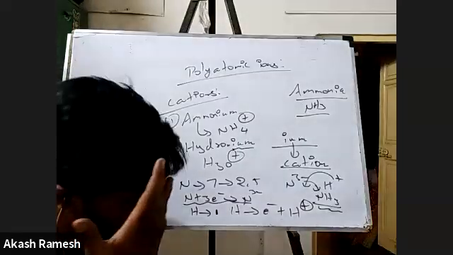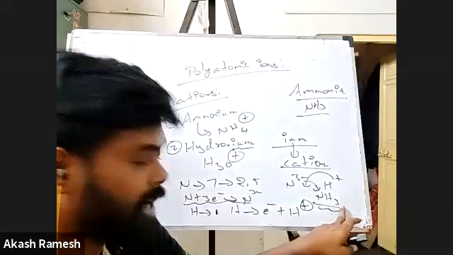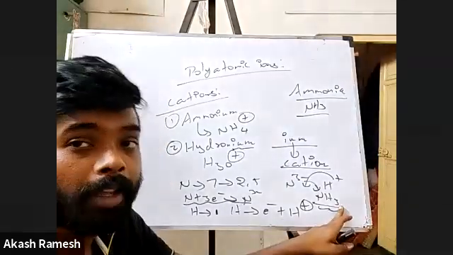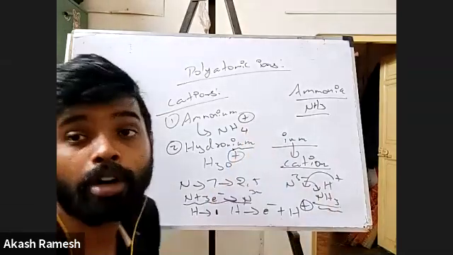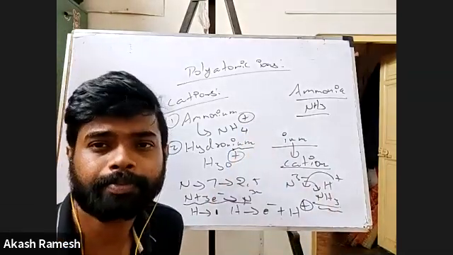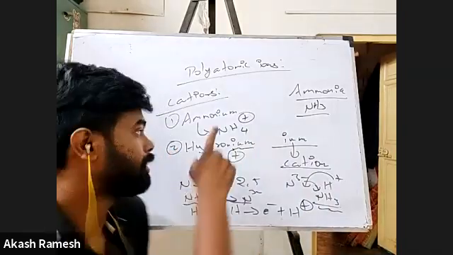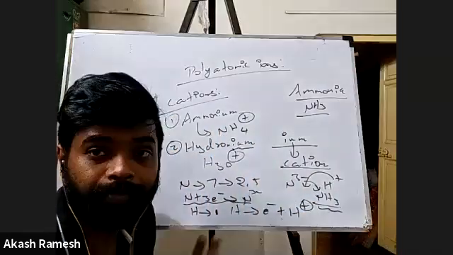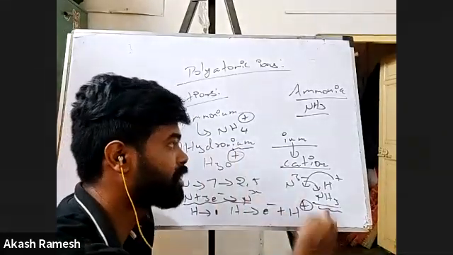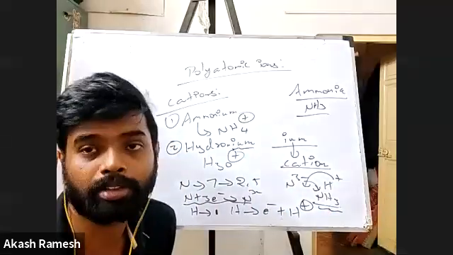Exactly, right. So there are 3 hydrogen atoms here, NH3, and here there are 4 hydrogen atoms. That means two differences. One, this is positive, this is neutral. Second, it has 3 hydrogens, it has 4 hydrogens.